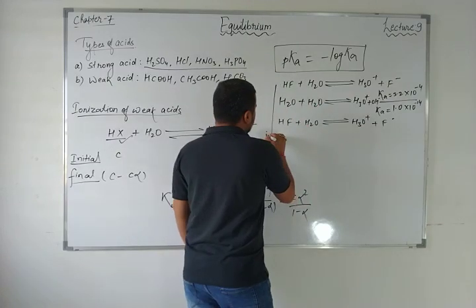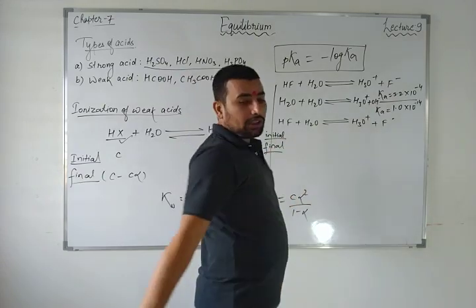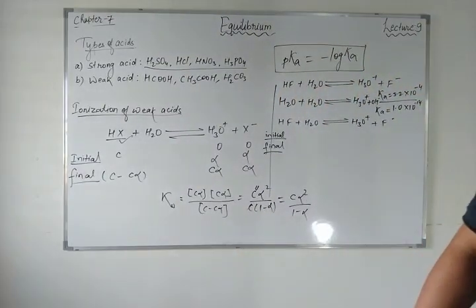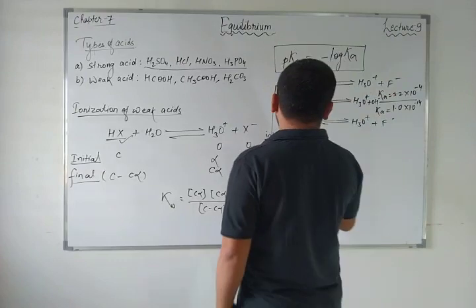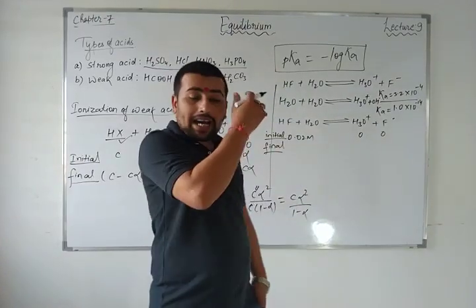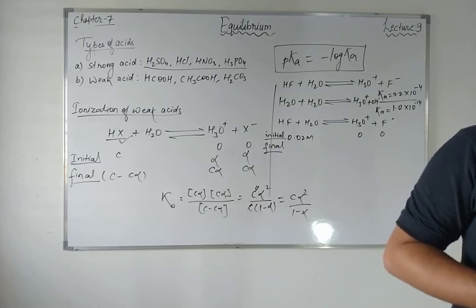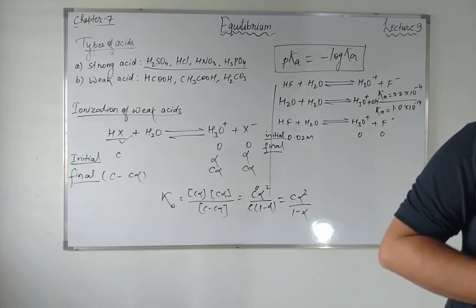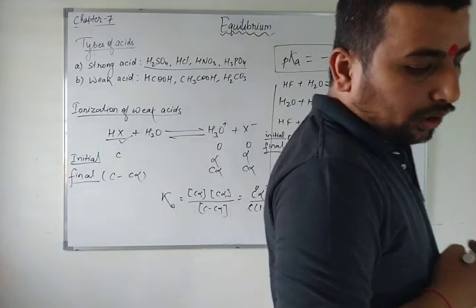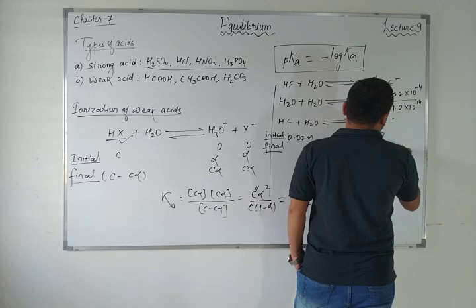Now you can ask me, sir, what is the initial concentration and what is the final concentration? Here in the question it's given that the initial concentration is 0.02 molarity, and for the products this will be 0. At the final step, we are just assuming that it has changed from the initial concentration by 0.02 alpha.